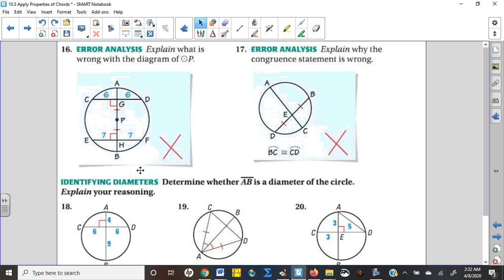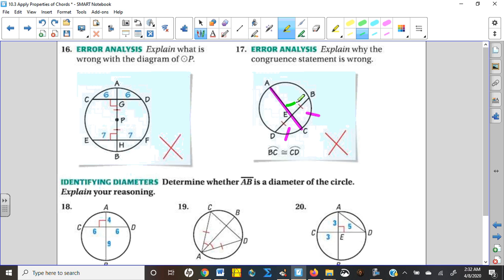Number 17, what's wrong with that picture? Well, somebody made an assumption that DC and BC were congruent arcs. That would only be true if this segment, this other chord, was a perpendicular bisector. And it certainly is bisecting DB. There's no doubt about that.